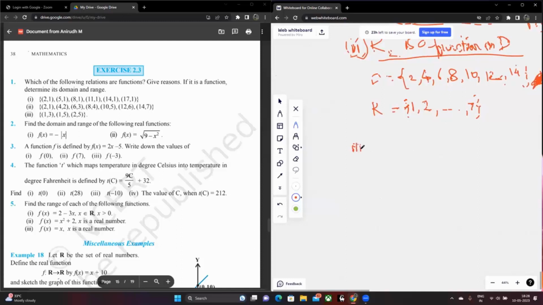Then you have the third subpart. That's R3, right? You basically have the domain D to be 1, and you have your set R to be 3 and 5, right? But this one maps to both 3 and 5.